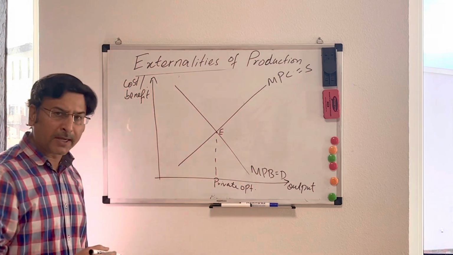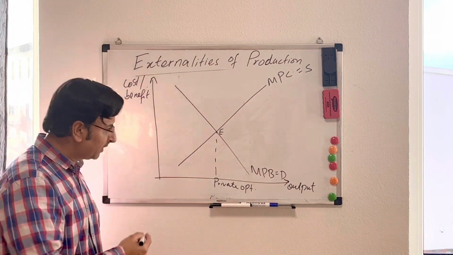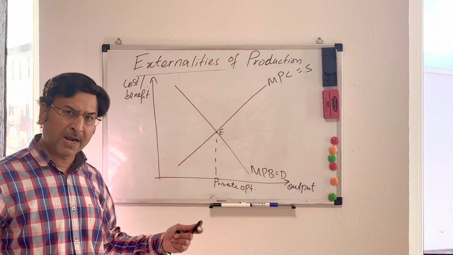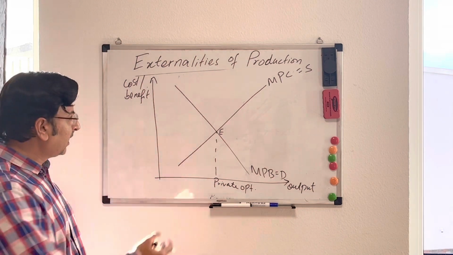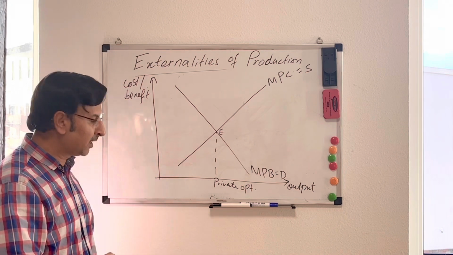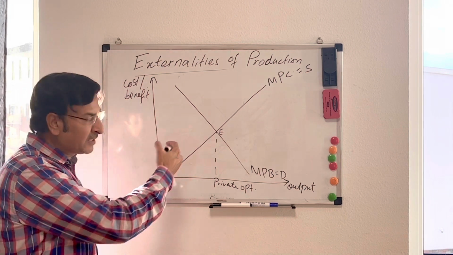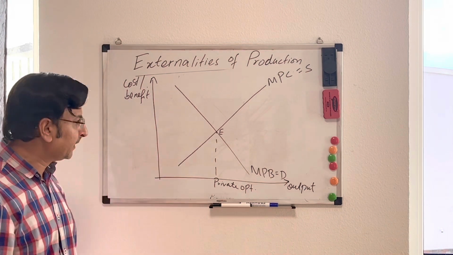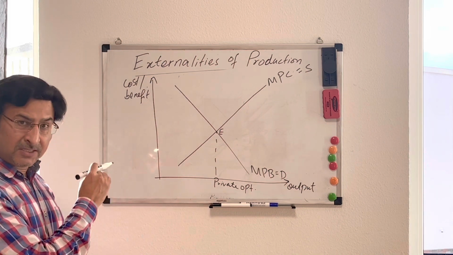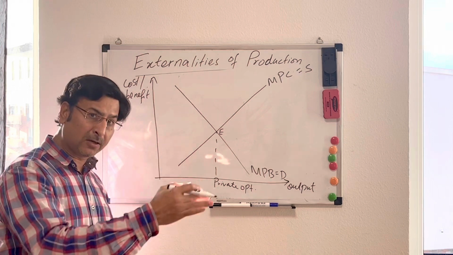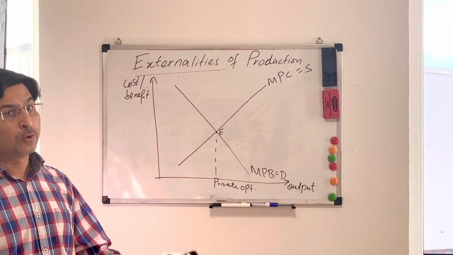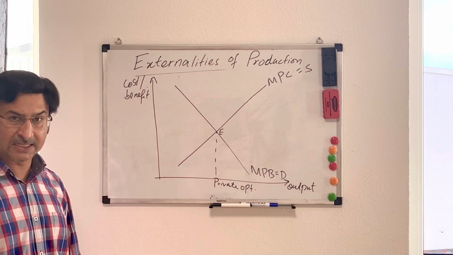This is the point which we have achieved because the private sector or free market sector has resulted in this equilibrium. And this is the output the private sector produces. But this activity also has some extra additional external cost on third parties who are not even involved in this activity.